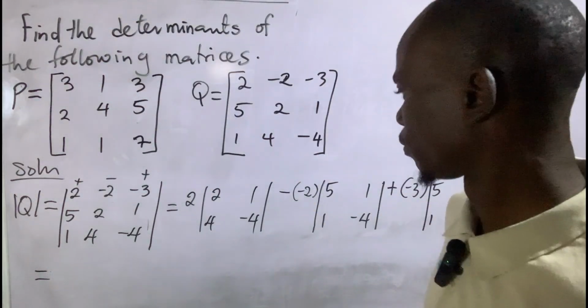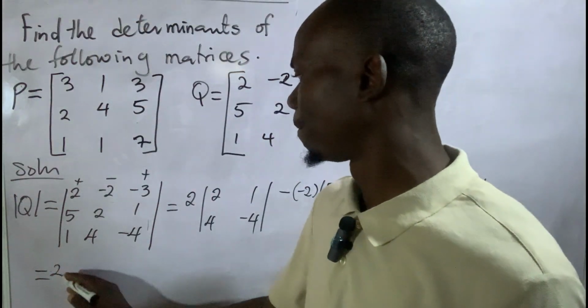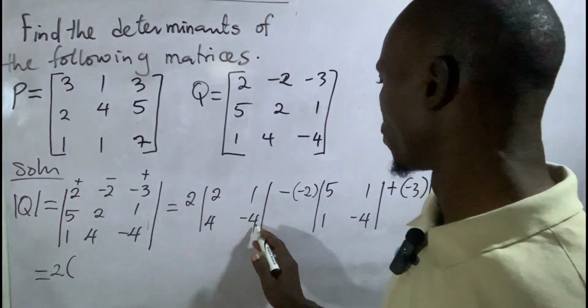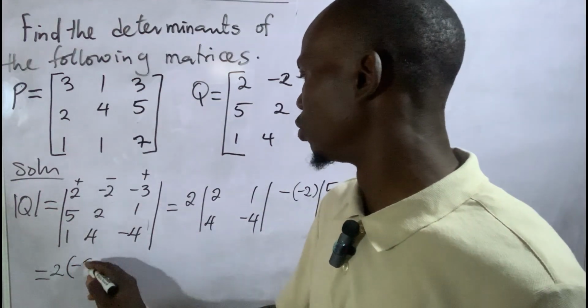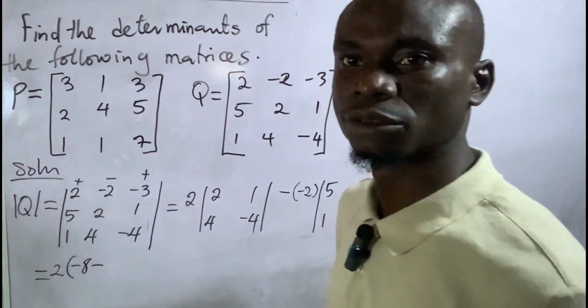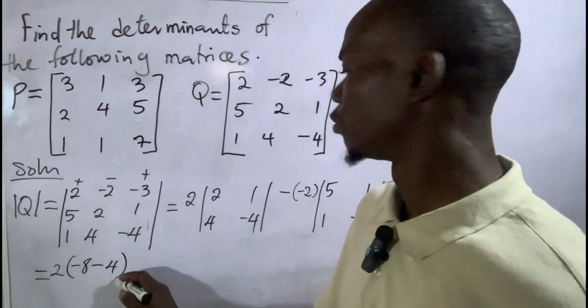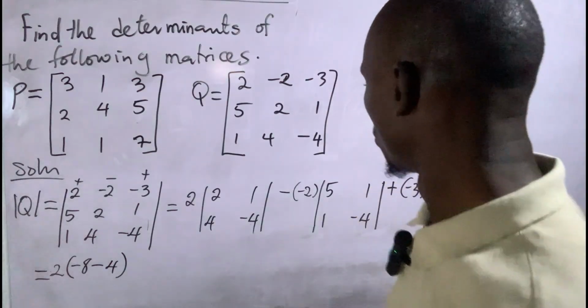So now, this 2 will come here, open bracket, cross multiply. 2 times minus 4, that's minus 8, minus 1 times 4, 4. Okay? You go to the next one.